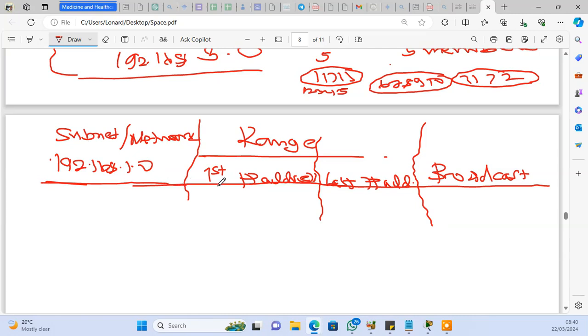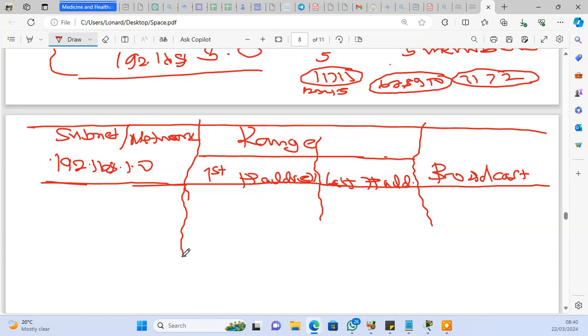So I'm trying to come up with a table to have the range, to summarize the IP addresses. So it's subnet, or you can call it network. So the network address is 192.168.1.0.